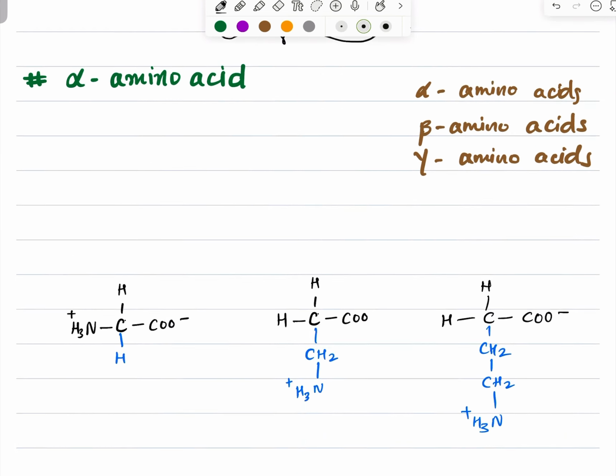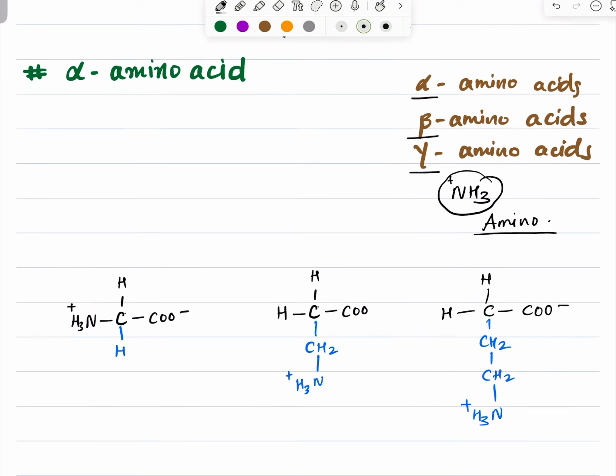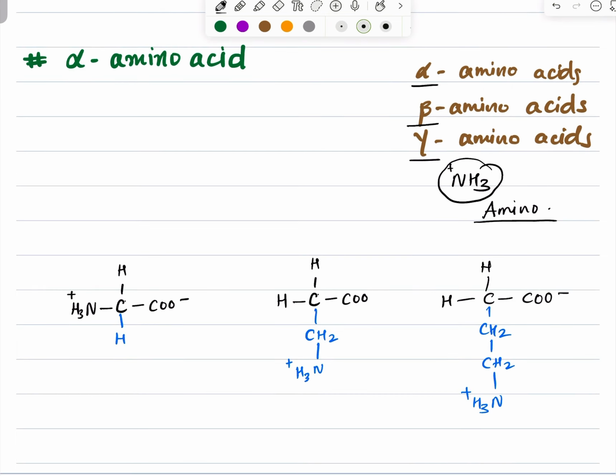Let's move on and understand the types of amino acids. It could be an alpha amino acid, beta amino acid or gamma amino acid, based on the attachment of NH3 plus, which is the amine group. We will understand how the amine group is attached in the general structure of an amino acid, giving three different types of amino acids here. We have to understand what the priority functional group is. In this case, the priority functional group is the carboxyl group.